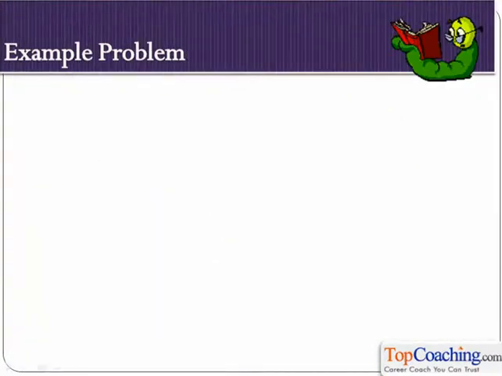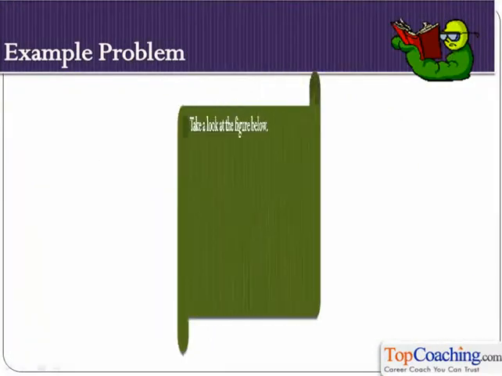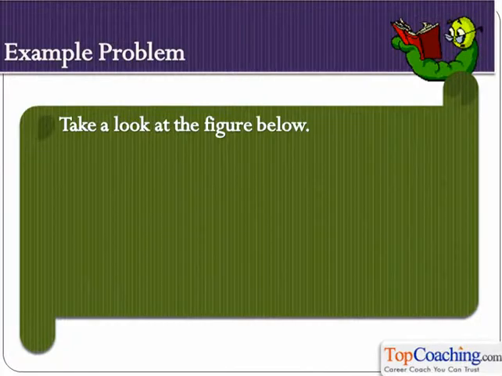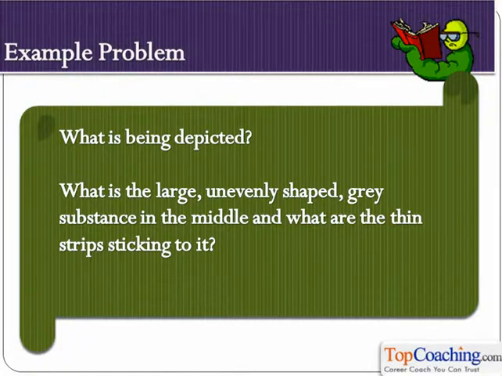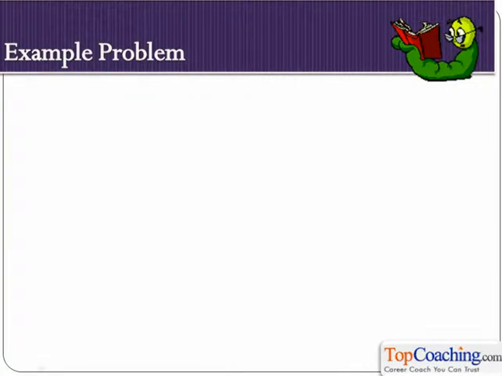Let's solve a problem related to the action of soap. Take a look at the figure below. Well, this figure clearly depicts what we had just studied. It depicts the action of soap on a dirt particle. What is being depicted in the figure? What is the large, unevenly shaped, grey substance in the middle, and what are the thin strips sticking to it?